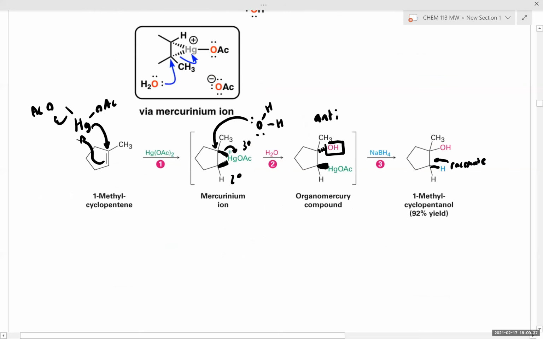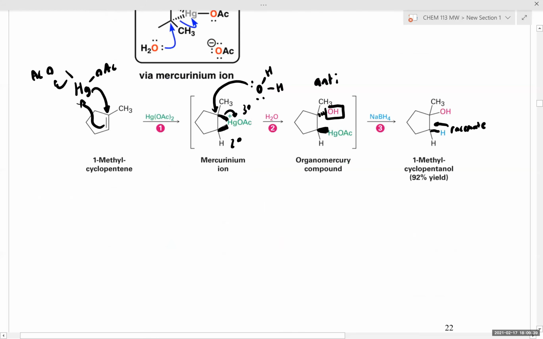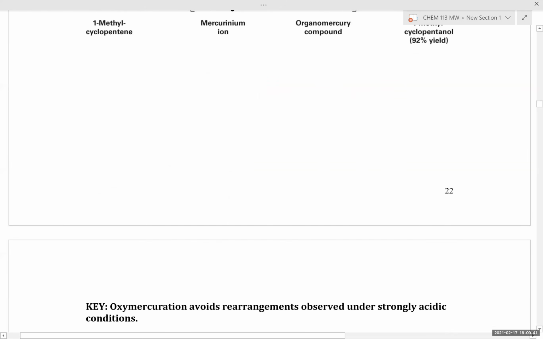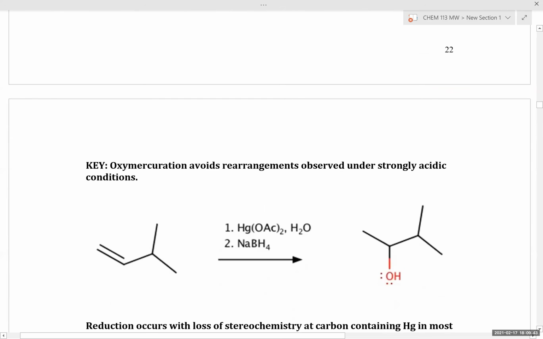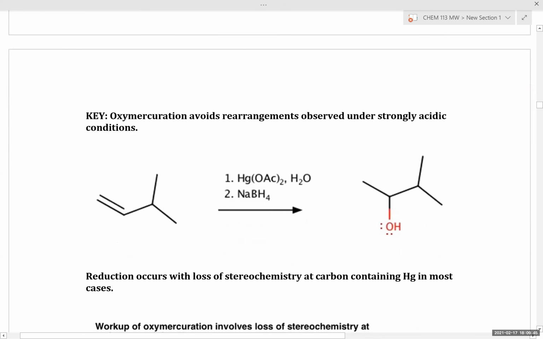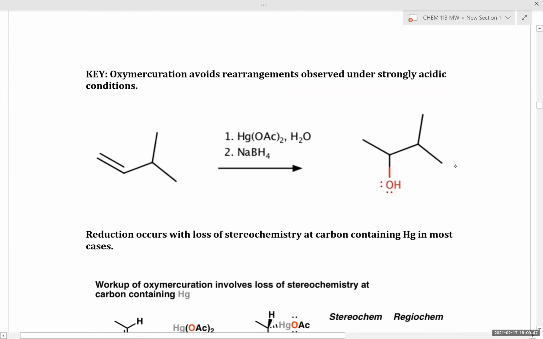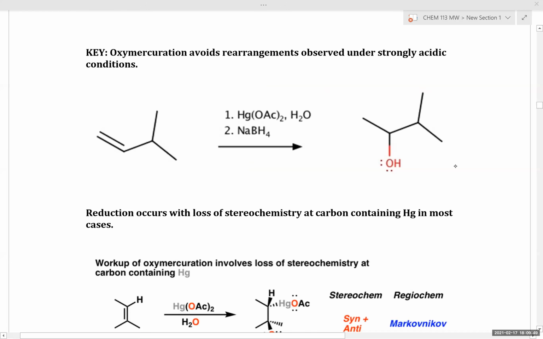The reason why I got a little ahead of myself here is that when we compare oxymercuration, when we start to think about why oxymercuration is utilized, let's talk about some unique benefits in contrast to another reaction with Markovnikov selectivity, such as acid catalyzed methods.